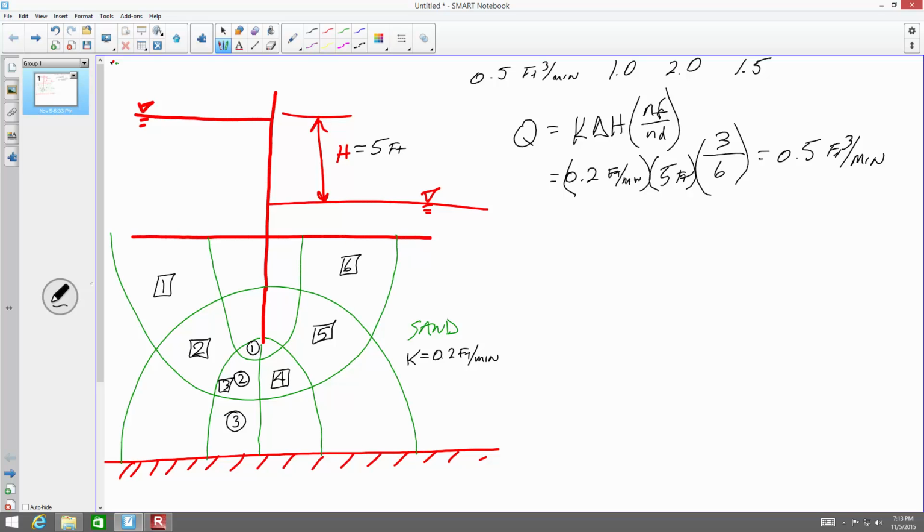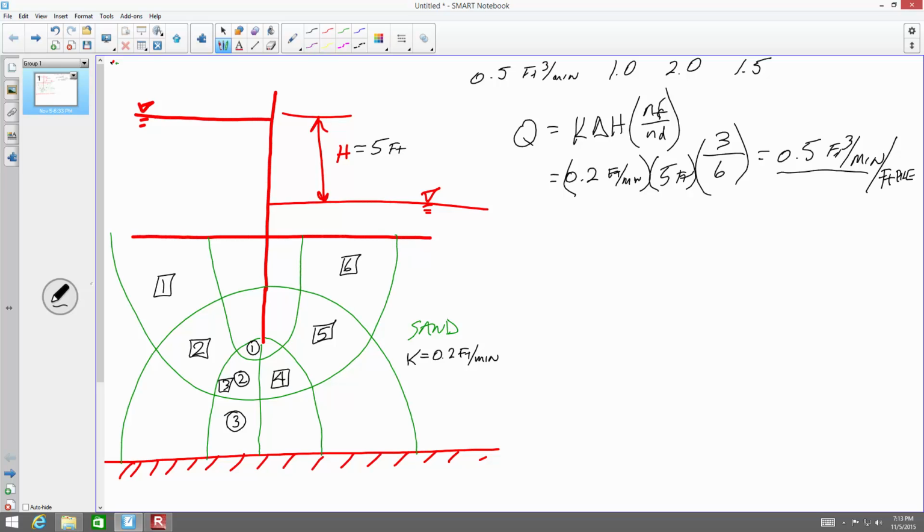So this is actually 0.5 feet cubed per minute per foot of pile. For 1 foot into the board, that's how much flow I'm going to get. So if I've got a wall that's 50 feet long, how much total flow do I need to draw that down 5 feet?